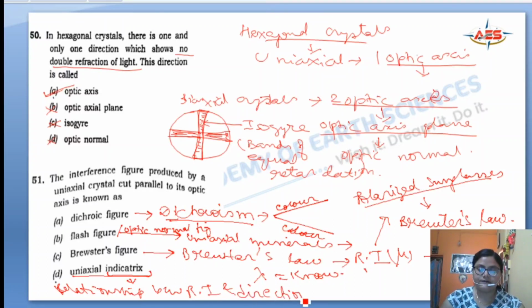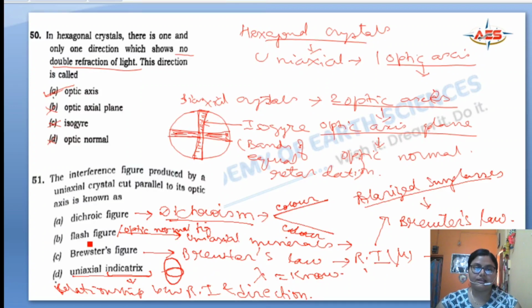The refractive index varies with direction in the case of crystal, and when the relationship of refractive index with direction is represented geometrically, the figure so obtained is called an indicatrix, and in case of uniaxial mineral it is called a uniaxial indicatrix. In case of uniaxial mineral we generally get an ellipsoid with one circular section. This is called a uniaxial indicatrix.